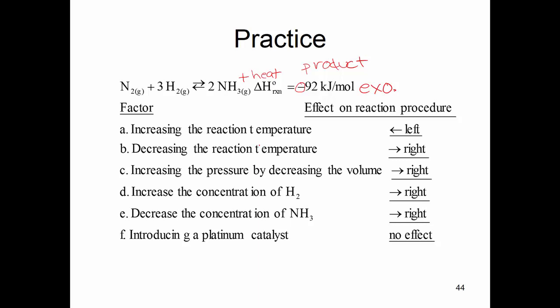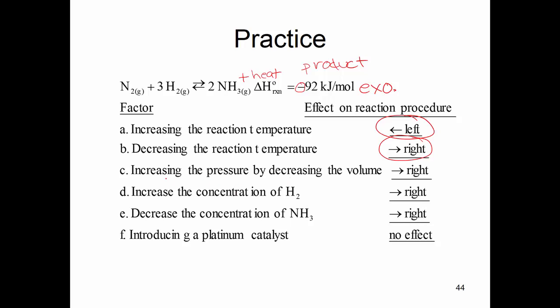So if we increase on the right, we shift to the left. Now if we decrease the temperature, that means we're losing heat, so we shift to the side of the loss. Since heat is on the product side, we shift to the right. We shift towards it.